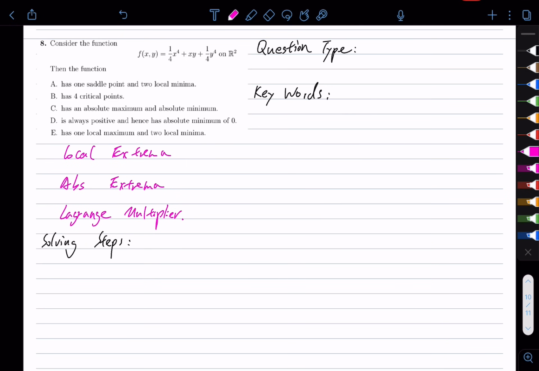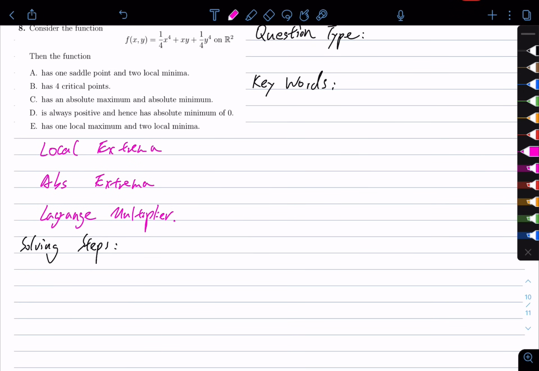Well, what's the difference between these three types of extrema problems? Well, first of all, the local extrema is the only extrema problem that does not have bound constraints. No bound constraints.